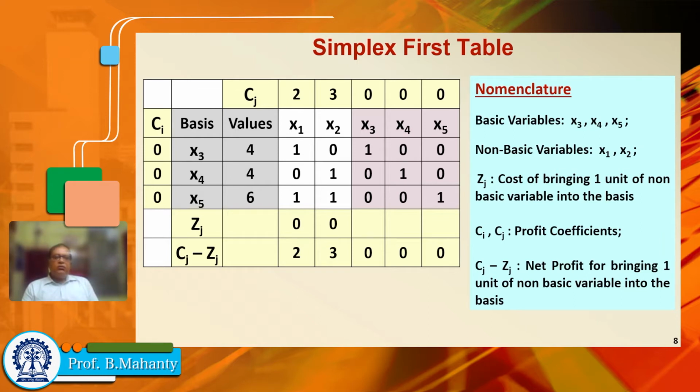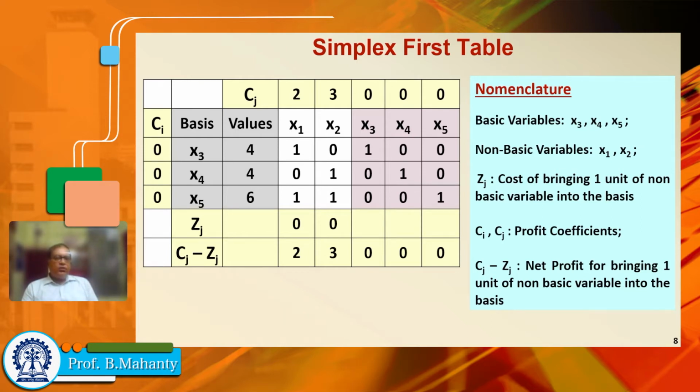How much of these resources are available? x3 is available quantity 4, x4 is available quantity 4, x5 is available quantity 6. Now, to make 1 unit of x1, we need 1 unit of x3, 0 unit of x4, and 1 unit of x5. Currently, our solution is the origin, that is x1 0, x2 0, x3 4, x4 4, and x5 6.